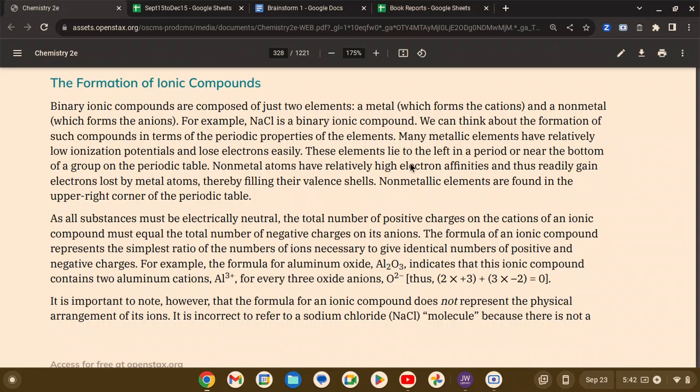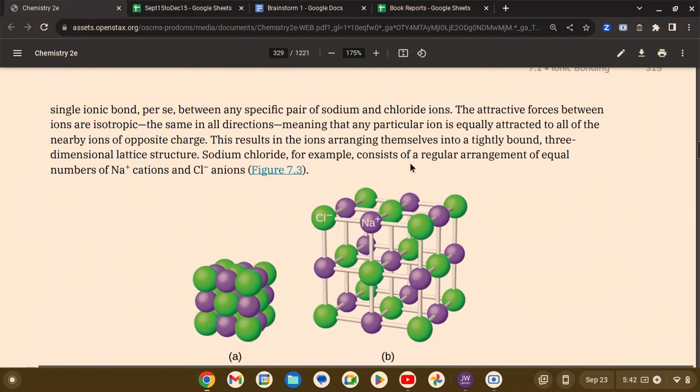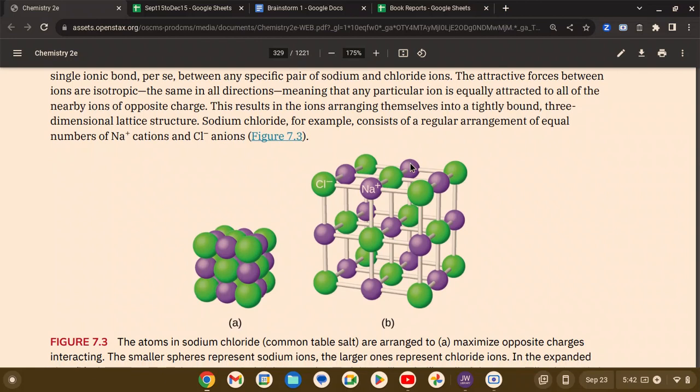For example, the formula for aluminum oxide indicates that this compound contains 2 aluminum cations for every 3 oxide anions. It is important to note, however, that the formula for an ionic compound does not represent the physical arrangement of its ions. It is incorrect to refer to a sodium chloride molecule because there is not a single ionic bond per se between any specific pair of sodium and chloride ions.